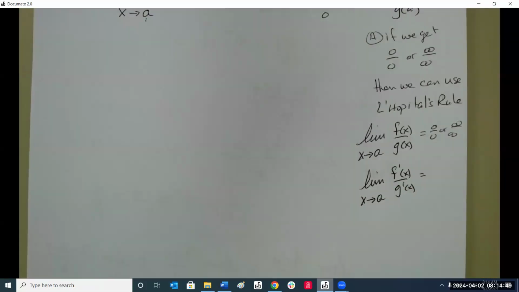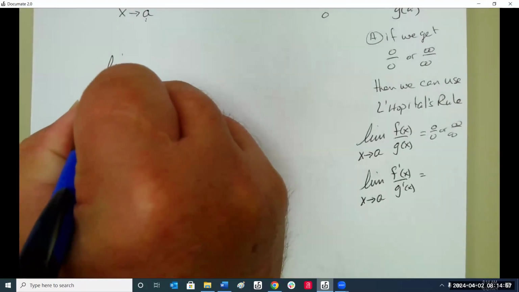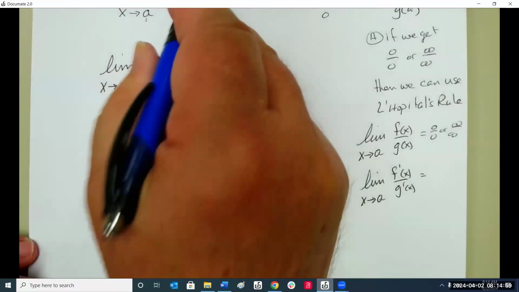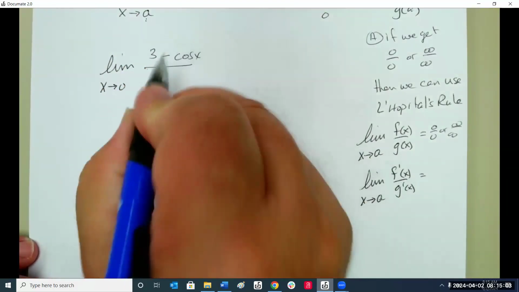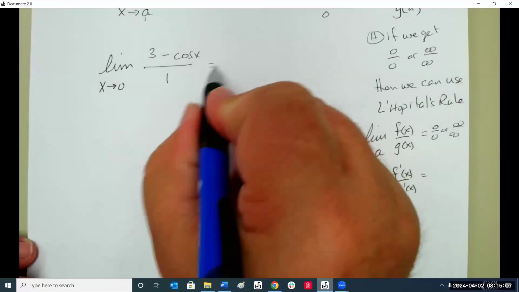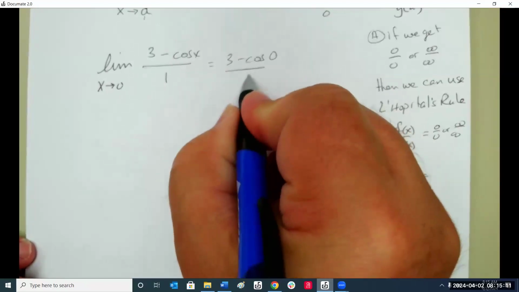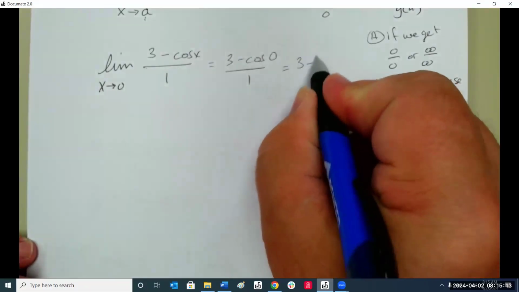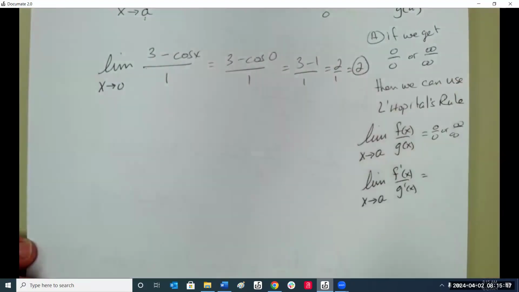You keep on doing it until one of them or both of them are no longer zeros when you plug in a. So in this one, the derivative of the top is 3 minus cosine x over 1. So we'll plug in 0. 3 minus cosine of 0 over 1. 3 minus 1 over 1. And that's our limit.